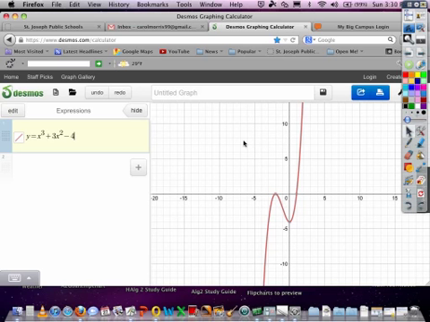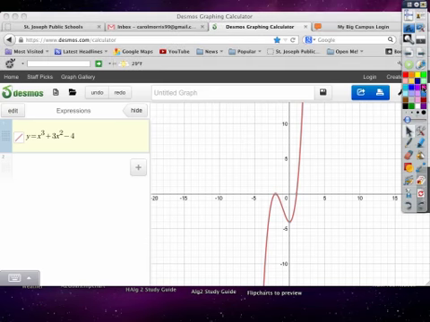Okay, so here we're looking at an example of the graph of our function, which was x cubed plus 3x squared minus 4. It appears that we have roots by guessing, and that's all you're doing right now unless you're looking at a table. Roots at a 1.